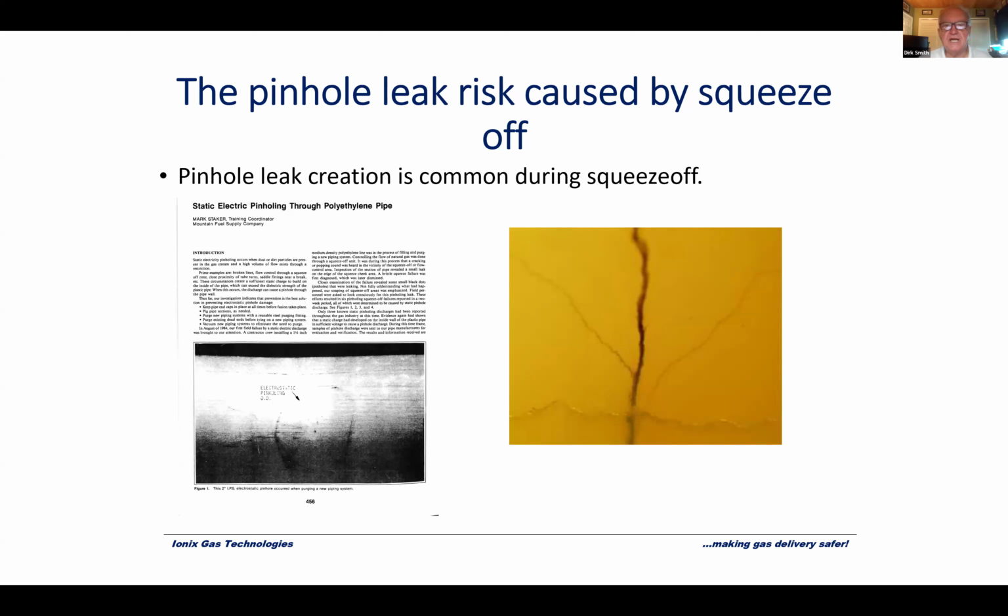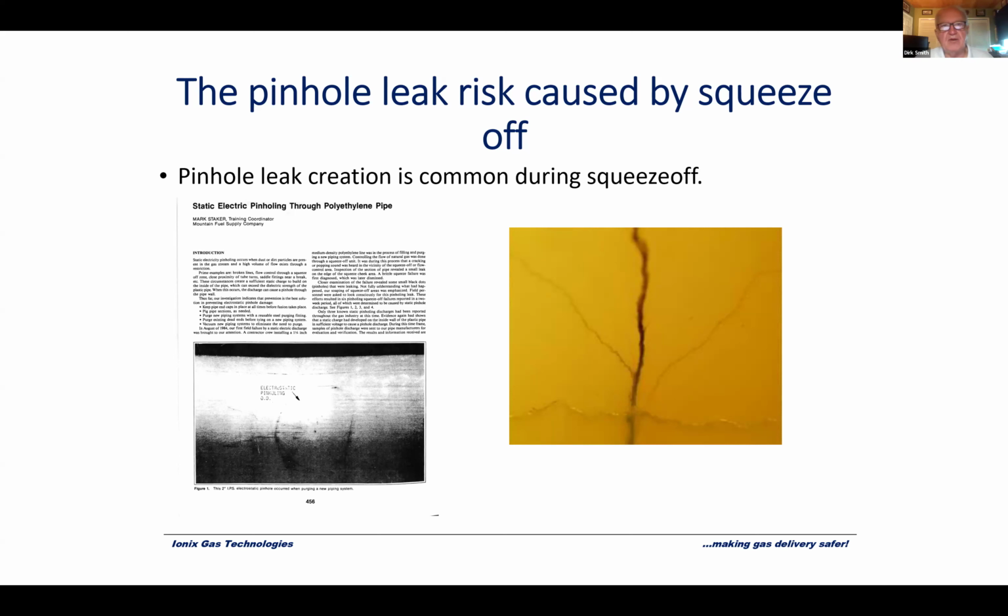On the right, you see an electron microscope image of a piece of yellow poly, and you notice how it has a filigree pattern. It looks like a lightning bolt. And that's exactly what it is. It's a lightning bolt created by the static that built up downstream of the squeeze off, and it got so high that even though plastic's an electrical insulator, it arced through the pipe wall and grounded itself. And in doing so, if you notice right in the middle there, it's black.